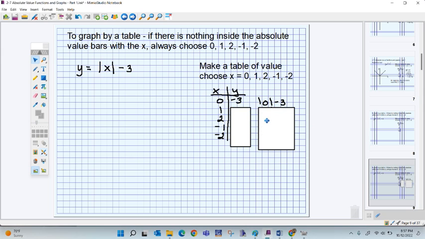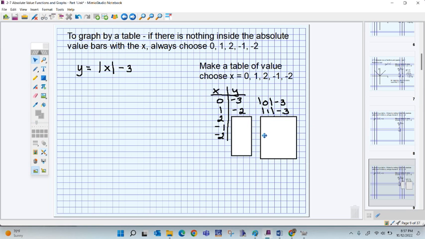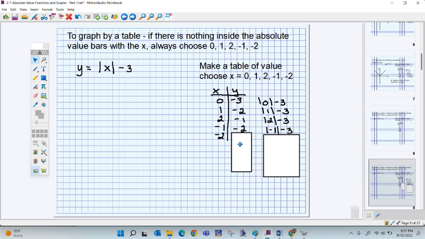The absolute value of 1, 1 minus 3 is -2. Absolute value of 2, 2 minus 3 is -1. Absolute value of -1, 1 minus 3 is also -2. And the absolute value of -2, 2 minus 3 is -1.